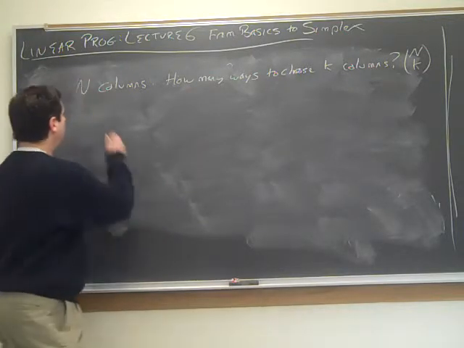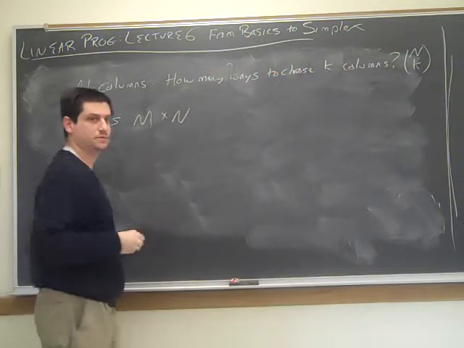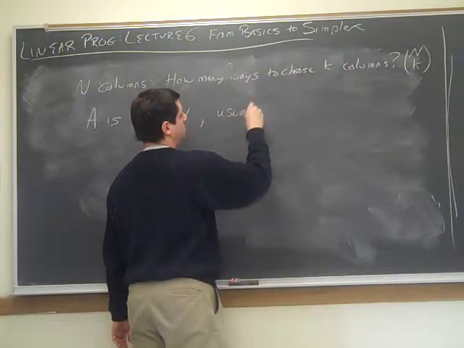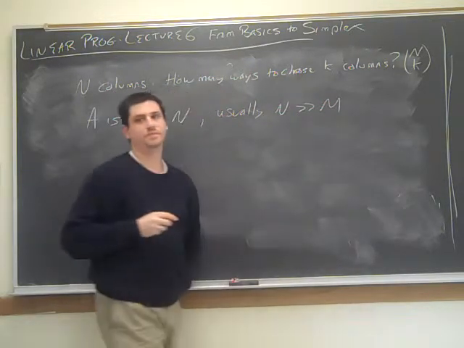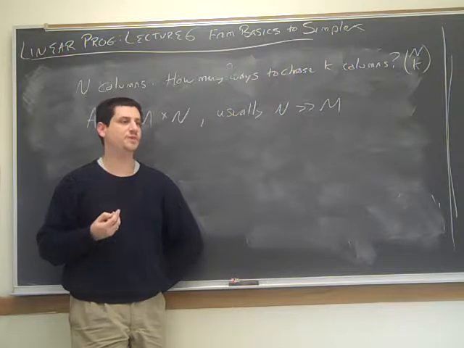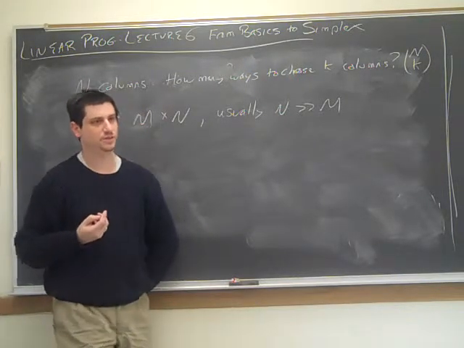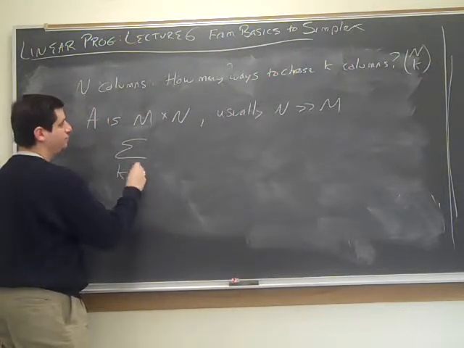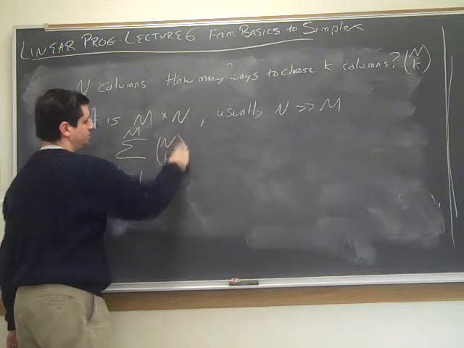So remember, A is m by n, and typically n is going to be much larger than m. If we don't have more variables than equations, it's an overdetermined system, right? So when we look at it, we look at the sum, k goes from 1 to m, of n choose k.